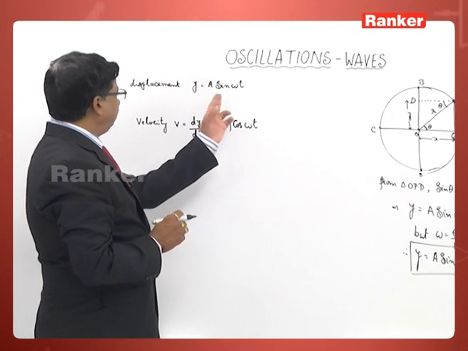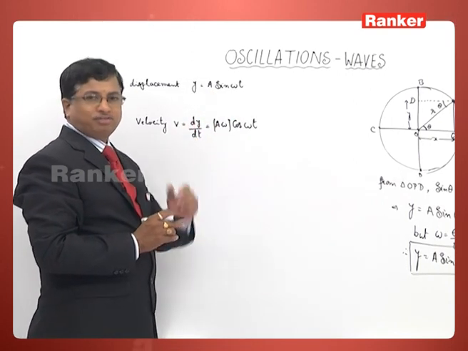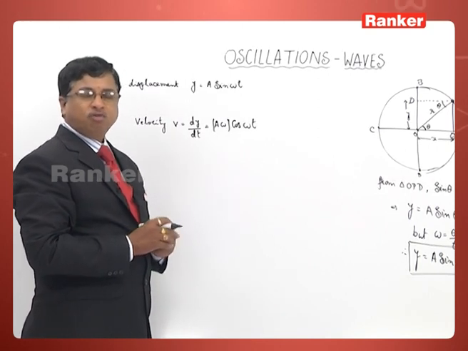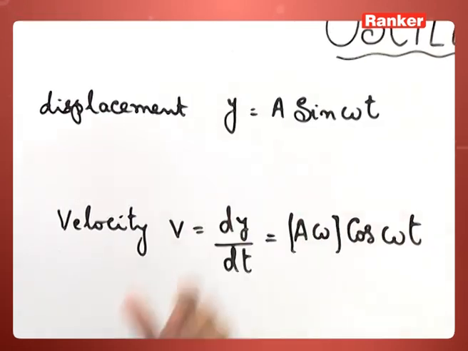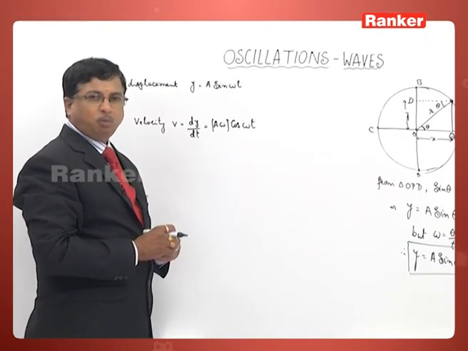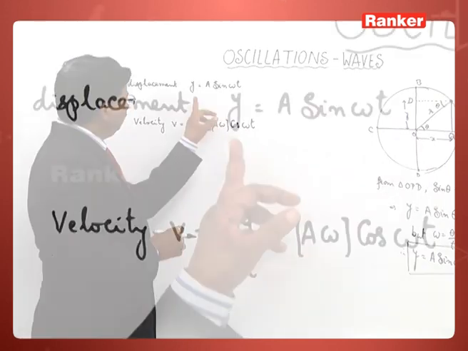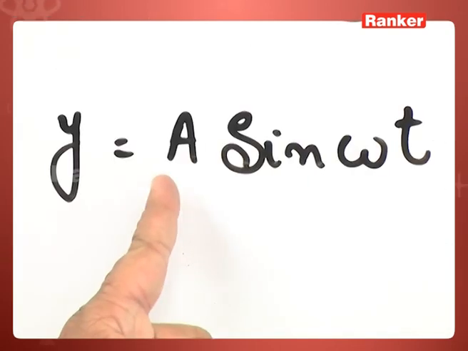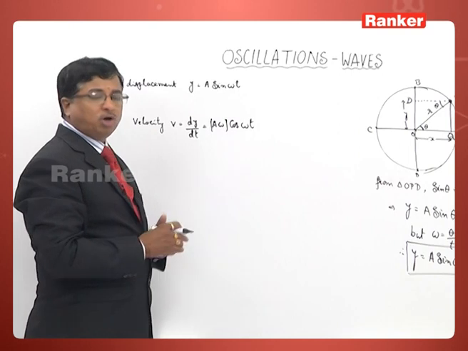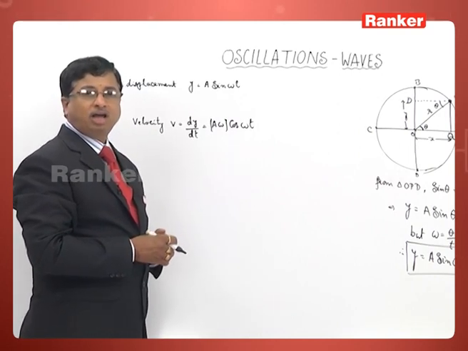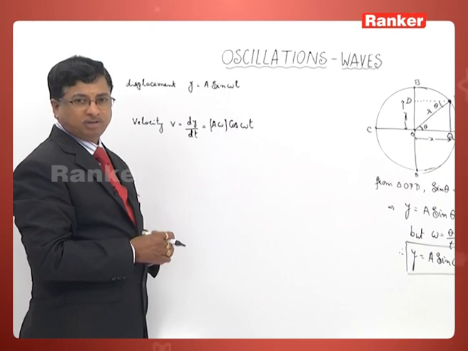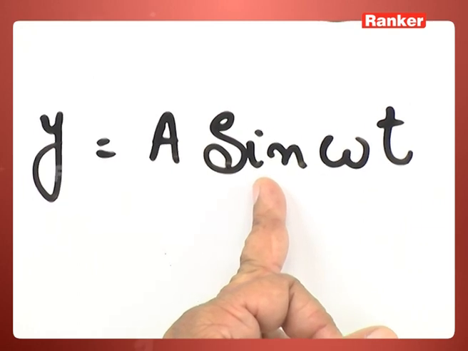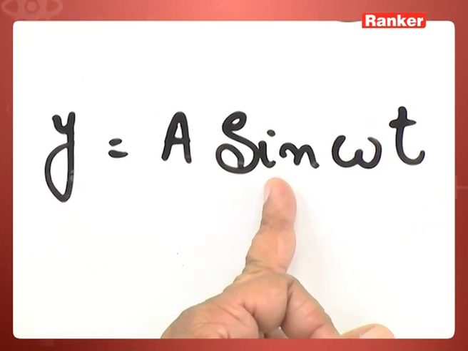But when you look at the basic format of an equation, particularly a simple harmonic wave equation, there is an orderliness in that equation. What is that orderliness? Look at the displacement equation we have written, y is equal to, fine. First, before the function, whatever you have, that is to be called the amplitude. After this amplitude, we come across the function, maybe a sine function or a cos function.